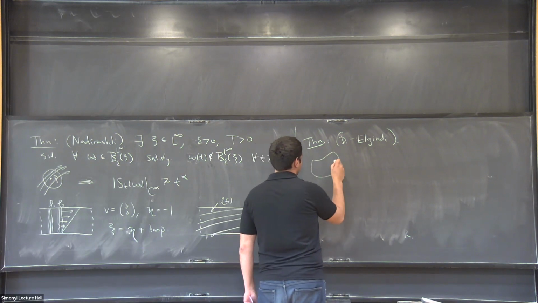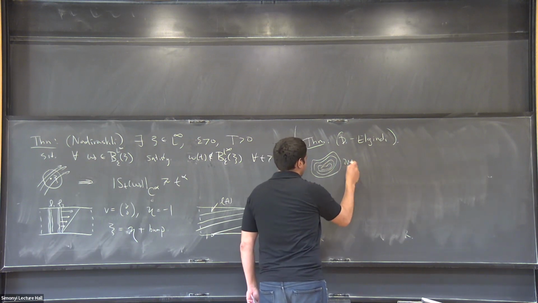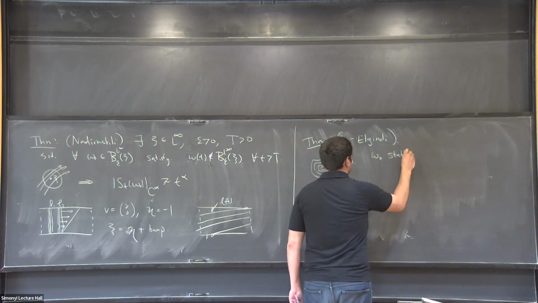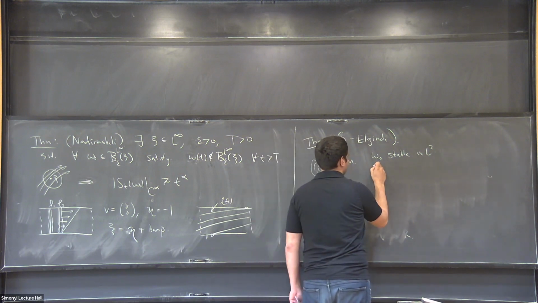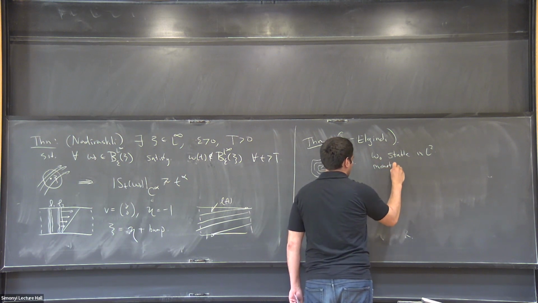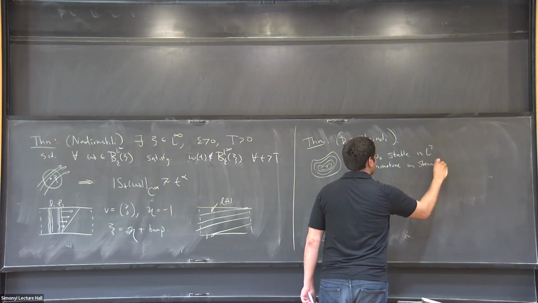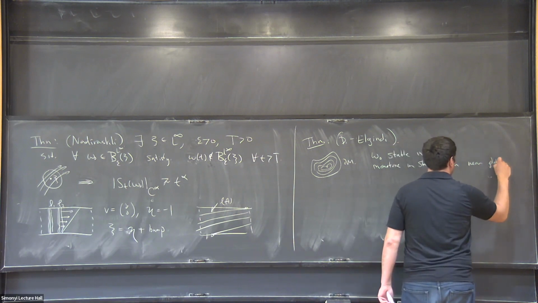any domain and certain class of steady states on that domain. These steady states are stable in L2, and they're monotone in the stream function near global max or min.